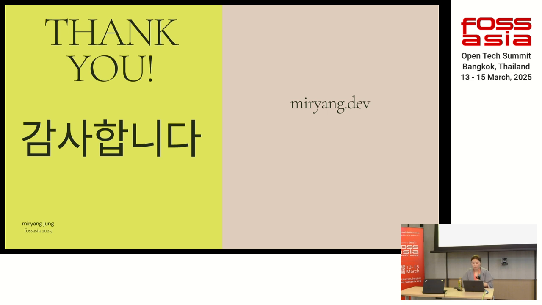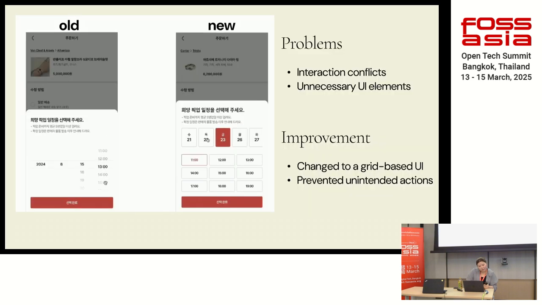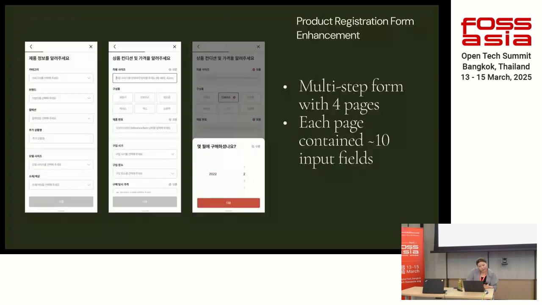Can you go back to the slide where it was close to form validation? I'm not sure it was really form validation. It was at the beginning, I think. It was about keeping the button disabled until the value was correct.